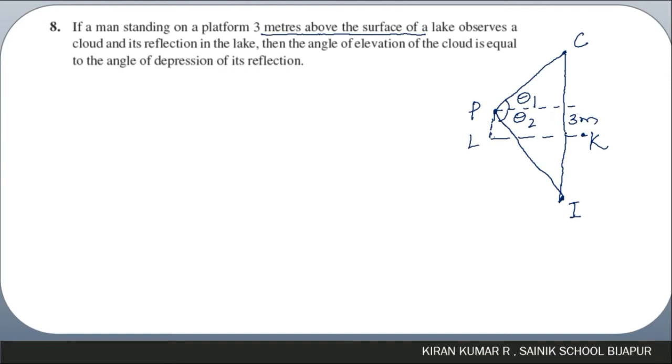Let the distance from C to K be X. So the distance from K to I is also X, because we have learned that the distance from the object to the mirror is the same as from the image to the mirror when it is a plane mirror.